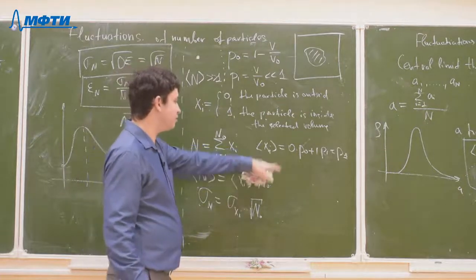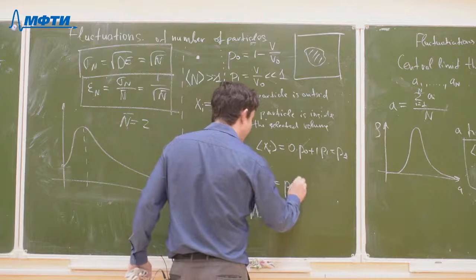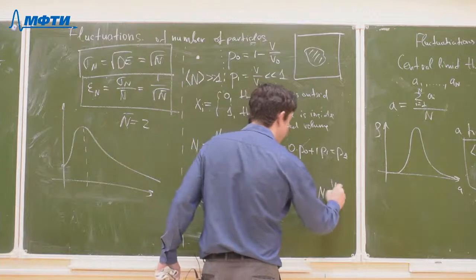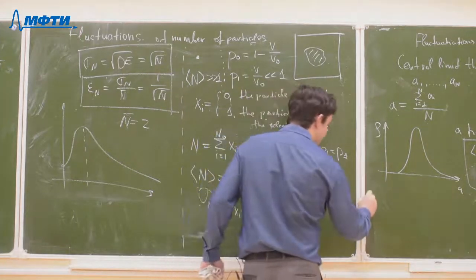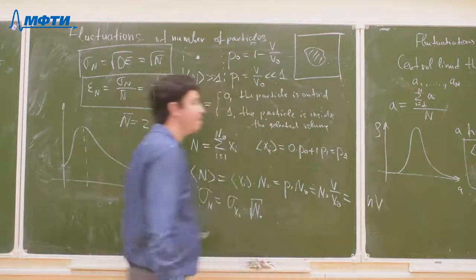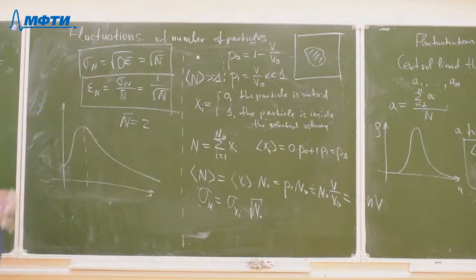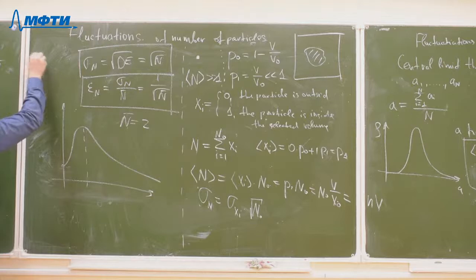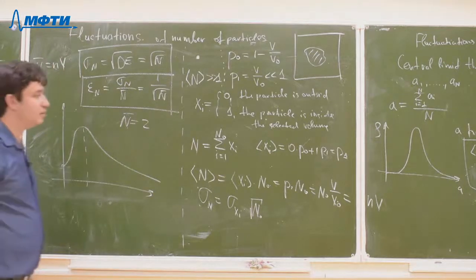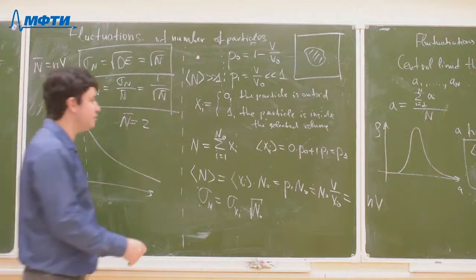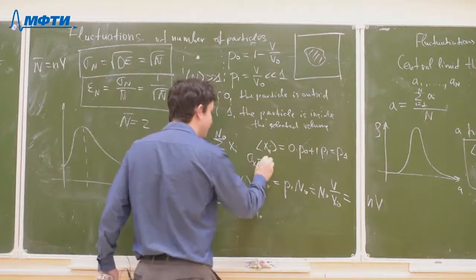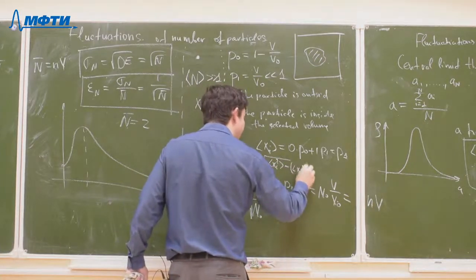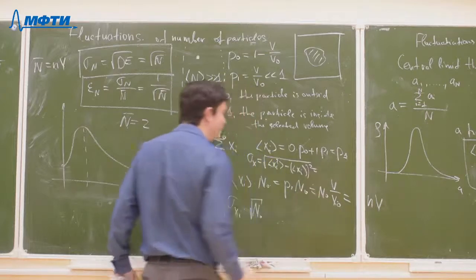And after we insert this into this expression, we get P1 multiplied by N0, which is N0 multiplied by V over V0, which is number density times V. As in the previous calculations, we had this n with line, and n with line is actually n multiplied by V.